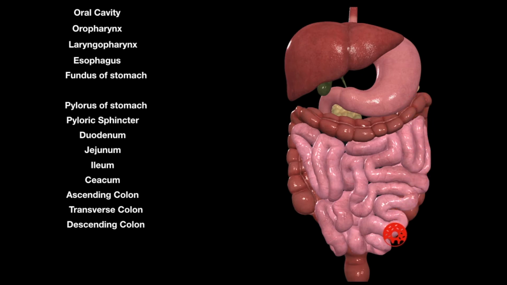And then we hit this S-shaped part of the colon called the sigmoid. And then before we exit, we hit the rectum. And at the very end, we have the anus. So there's our food trace from the mouth, from the mouth hole to the anus hole. There's our digestive trace.